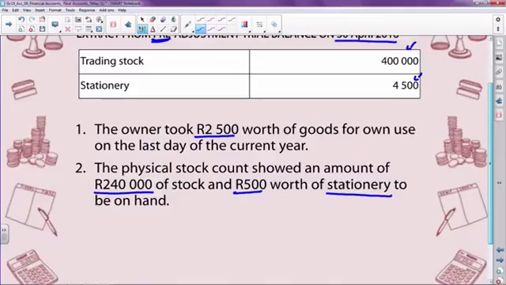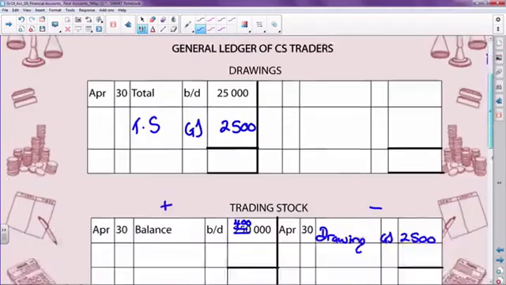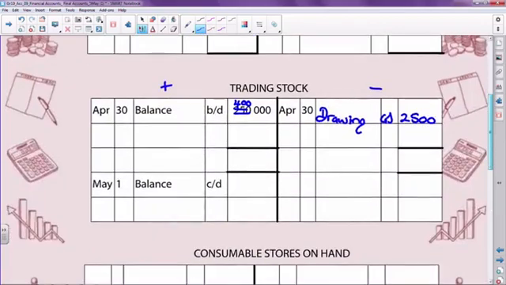Remember, we only counted 240,000. Now, let's go and see. Let's look at your trading stock. Remember, you did fix it here. Now, very nice. Do a calculation for me underneath. So we have 400,000 in your books, but your owner took 2.5. Do you see? And then, what else? You also counted 240,000. Now, how much then is missing?